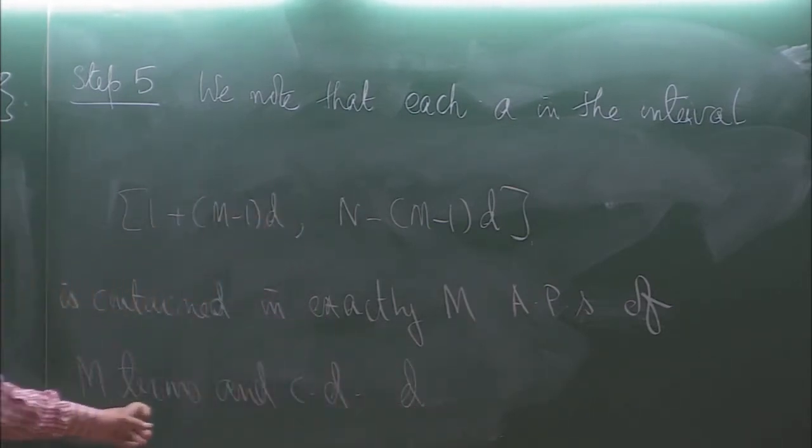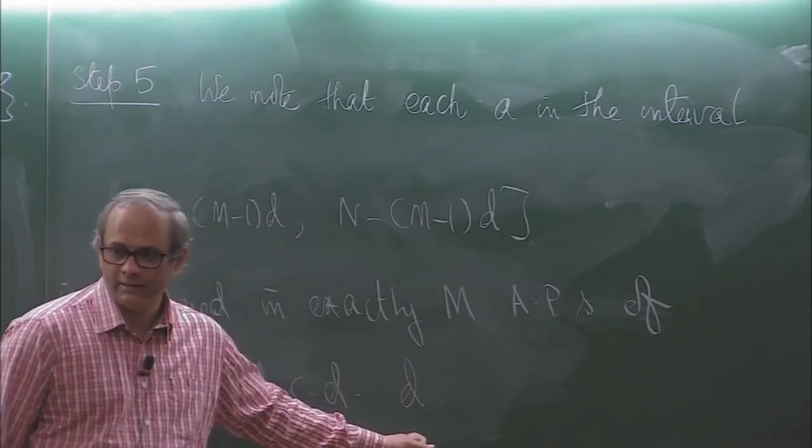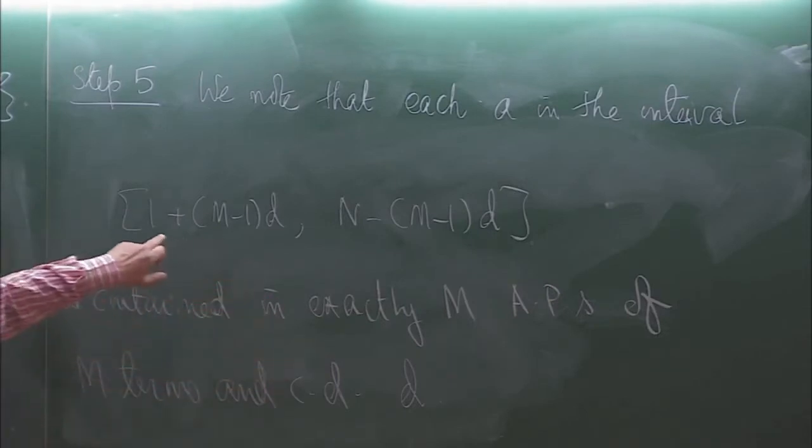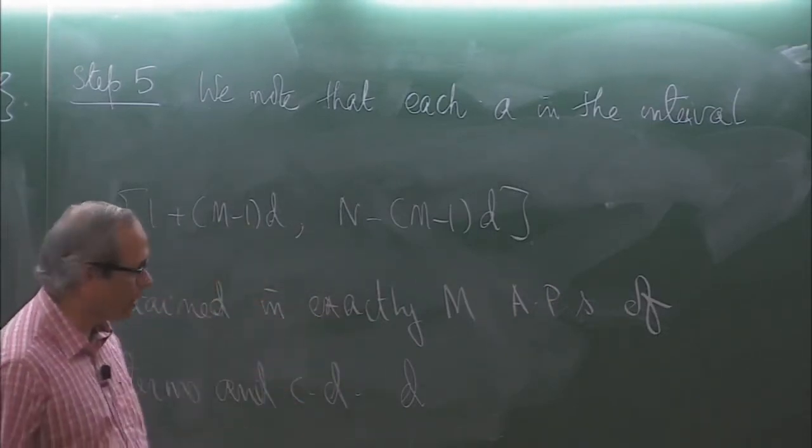So now not only have we fixed the number of terms, we have also fixed the common difference to be d. So each a in this interval is contained in exactly m APs.